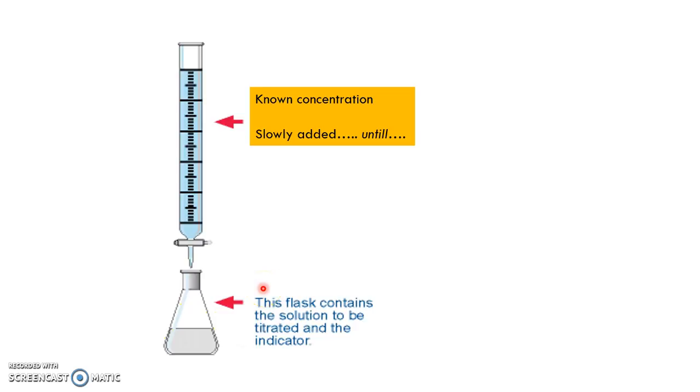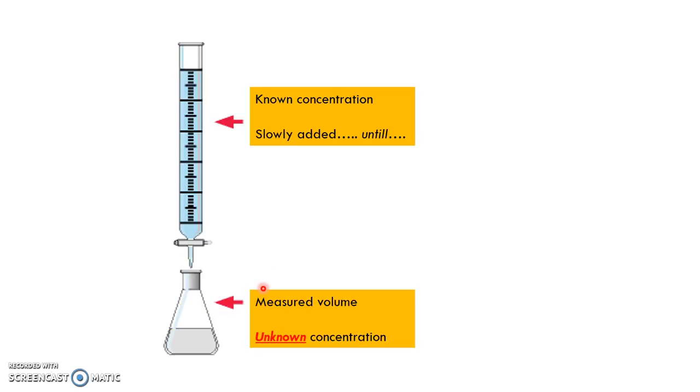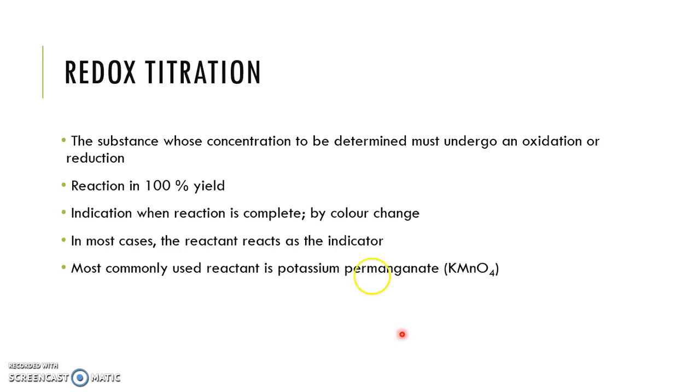It will slowly be added in increments until a color change, and then we can calculate the unknown concentration. So redox titration uses a redox reaction. The reaction is complete when there is a color change.